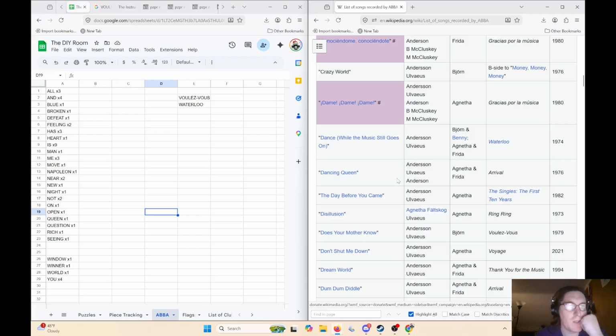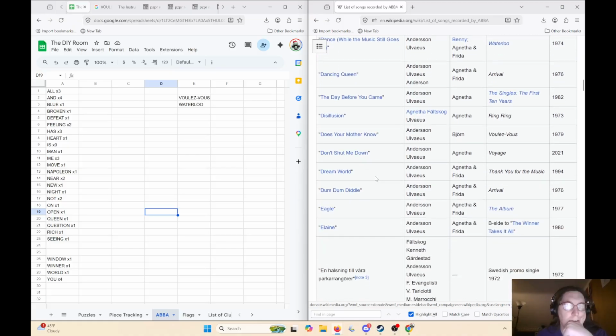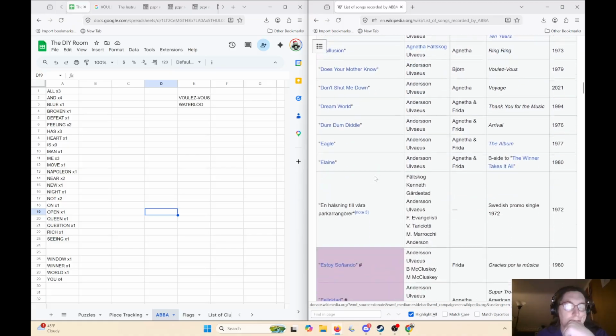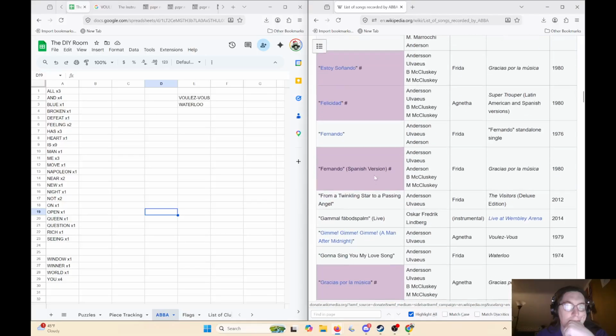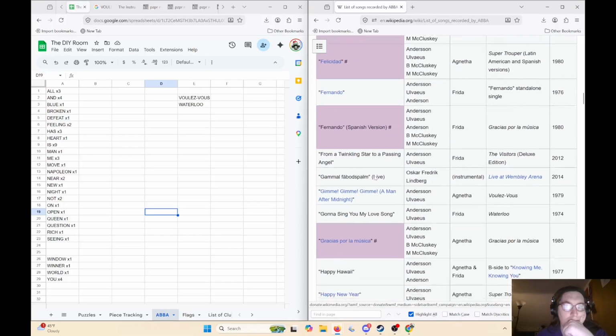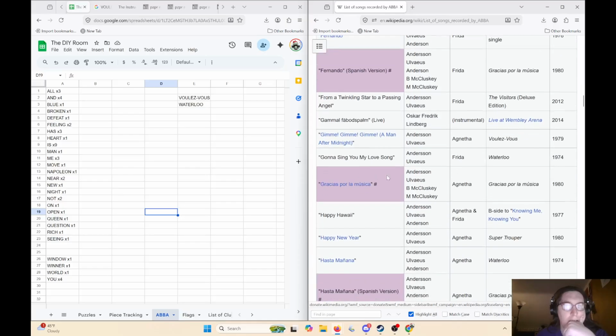We don't necessarily have... Oh, is dancing? We have Queen, but not dancing. Okay. I didn't know they did a whole bunch of Spanish songs. It's good to know.